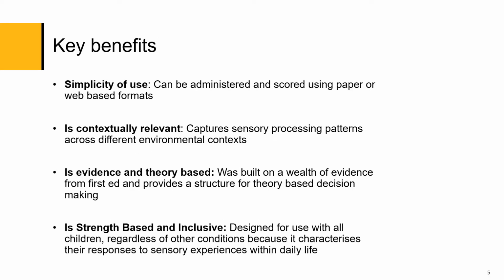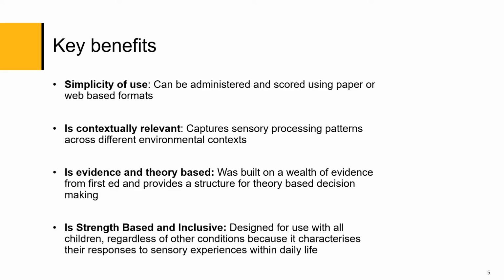What are the key benefits of the Sensory Profile 2? There's a number of benefits that have been outlined within the manual, but I think the most important would be the simplicity of use, as in it can be administered and scored using paper or web-based formats. It's contextually relevant, i.e. it captures sensory processing patterns across different environmental contexts.